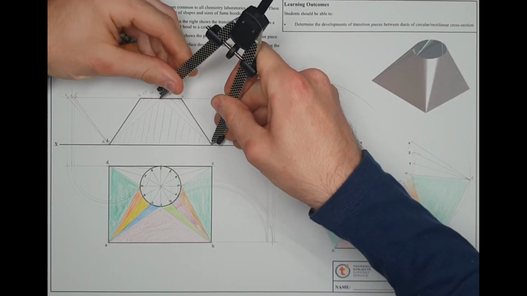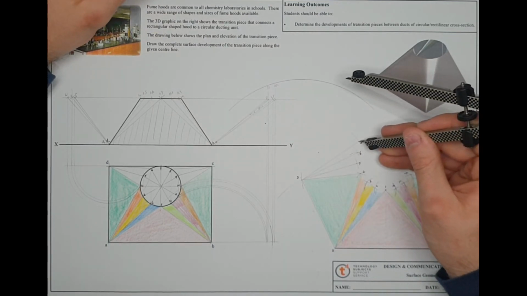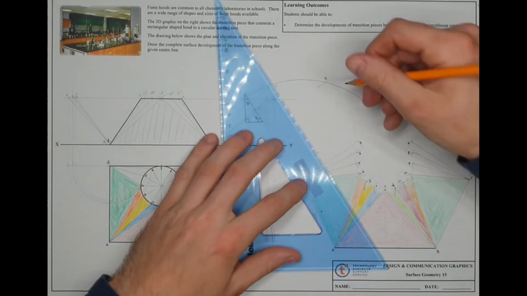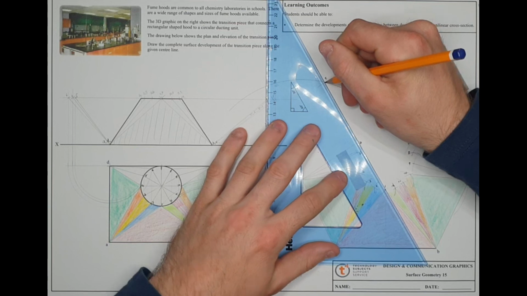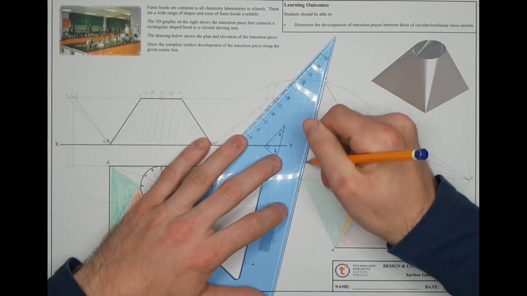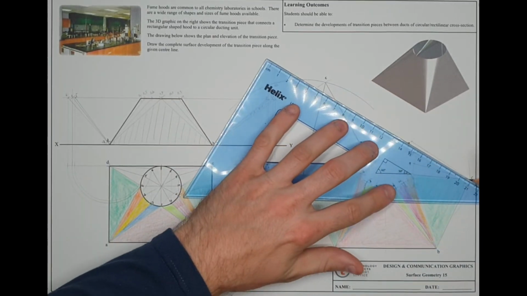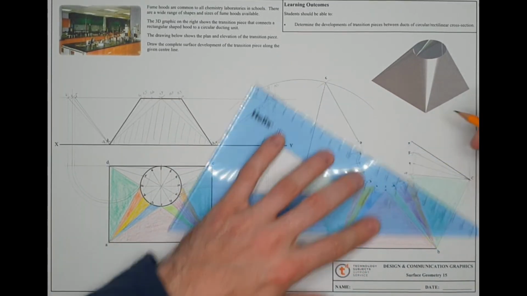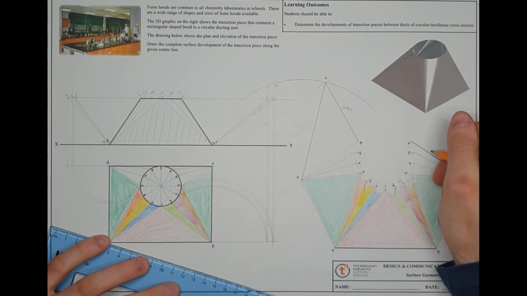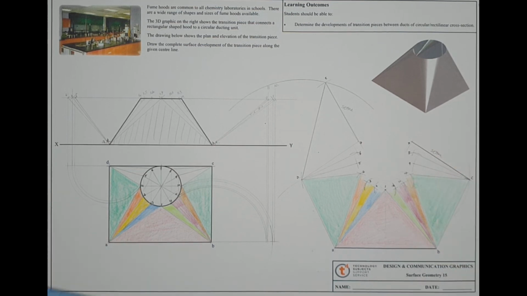So 7, C is already given there as a true length. 7 to C. And that right there is a seam, or seam edge. So those two will end up being stuck back together or welded back together or whatever it happens to be.